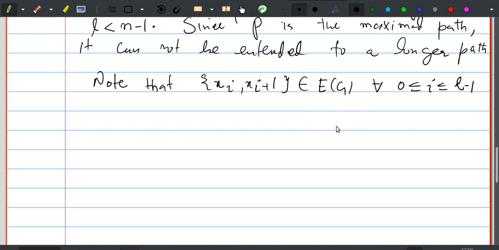So this is our path, x0, x1, x2, and so on, xl minus 1, xl.